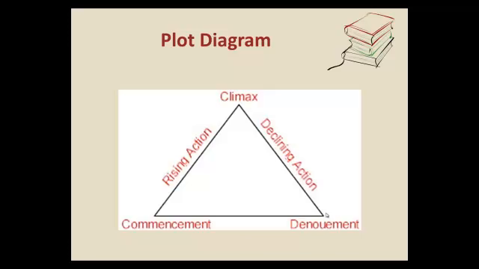So the rising action, when it comes to its highest point, that is known as the climax of the work. And so when the greatest point of conflict occurs, there might be lots of little bumps along the way, but the highest point of conflict is called the climax.